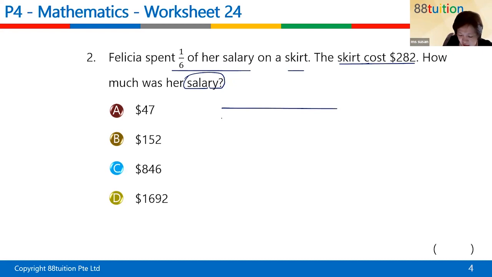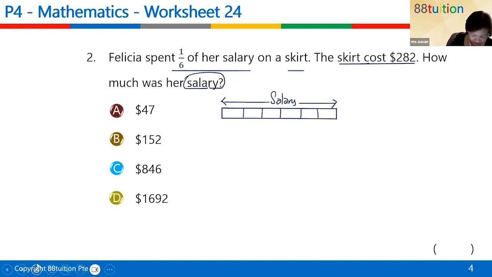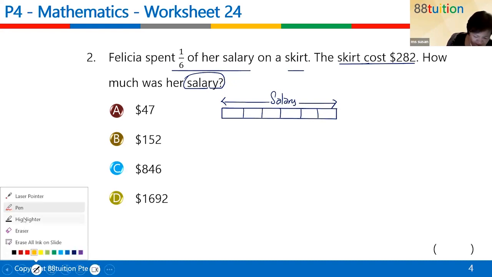Okay, let's check. So this is the salary, and I cut it into 1, 2, 3, 4, 5, 6. So this is the salary for the whole thing. But she spent only 1/6 of it, which is only here. So I'm going to color this as 1/6.